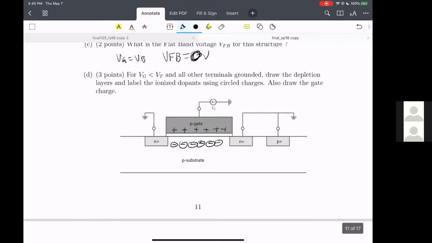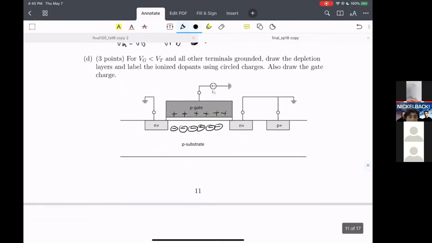That's pretty much what's going to happen there, since you're below the threshold. And you just draw the little depletion region.